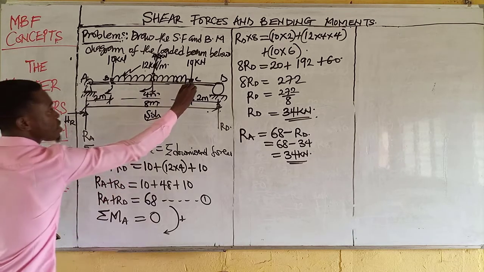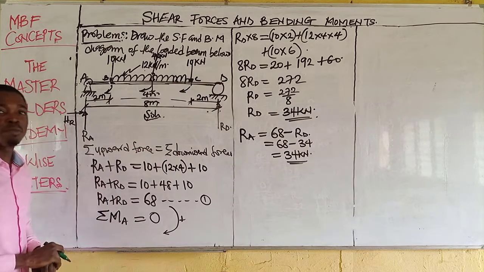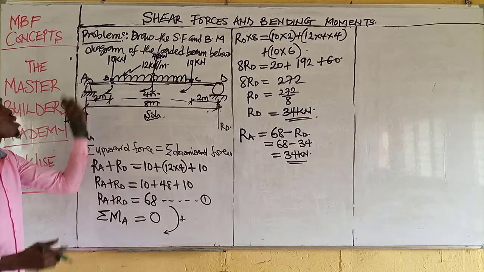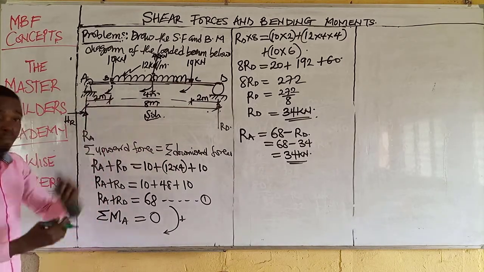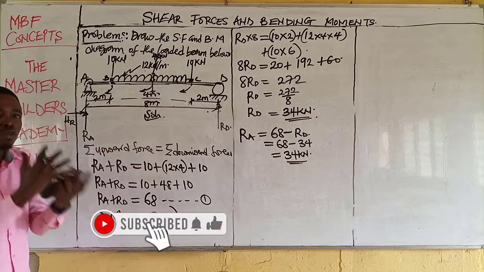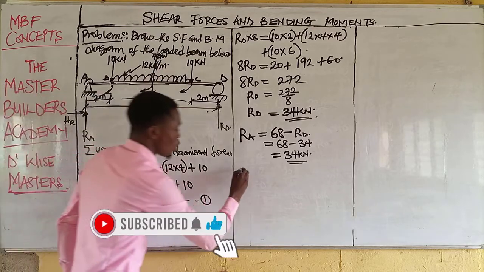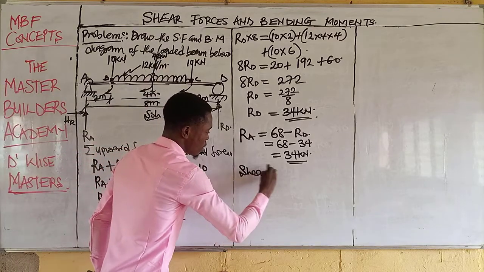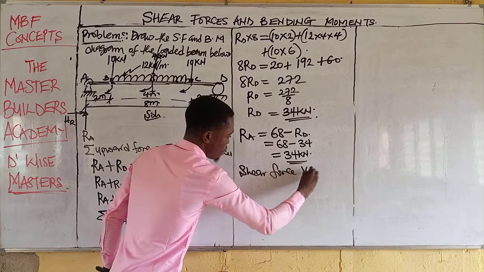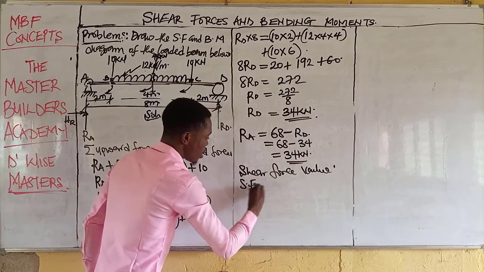At point C, there will be shear force, and at point D, there will be shear force. So, what is the shear force at A? What is the shear force at B? What is the shear force at C? And what is the shear force at D? This is what will enable us to draw the shear force diagram. Now, let's obtain the shear force values.